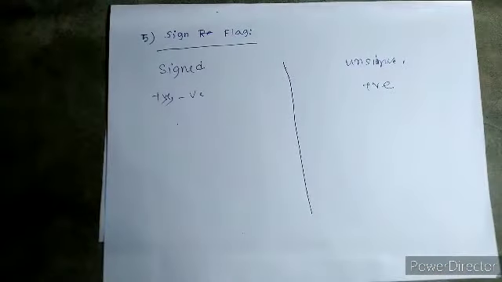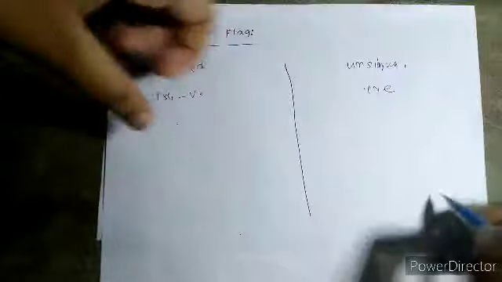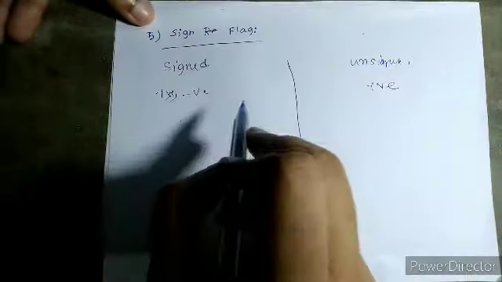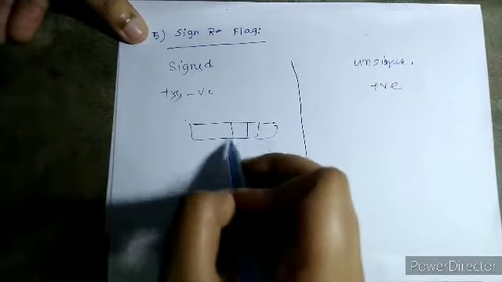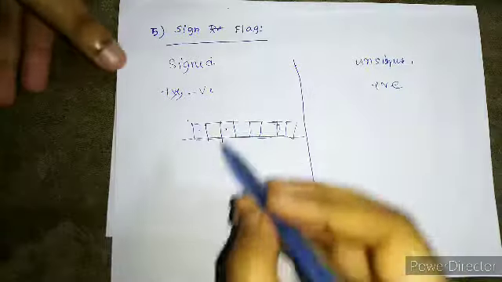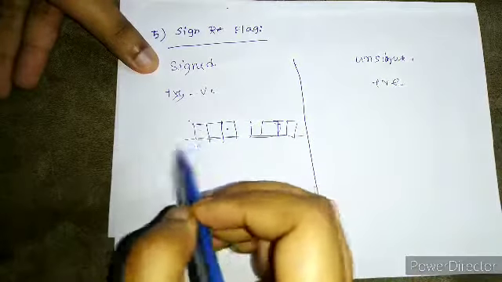Clear? So first remember, you are now in the 1980s. At that point of time we were using an 8-bit processor. Now it's 64-bit. At that time we had 8-bit registers or an 8-bit data bus, like the 8085.